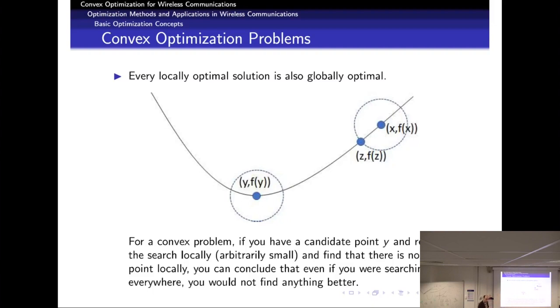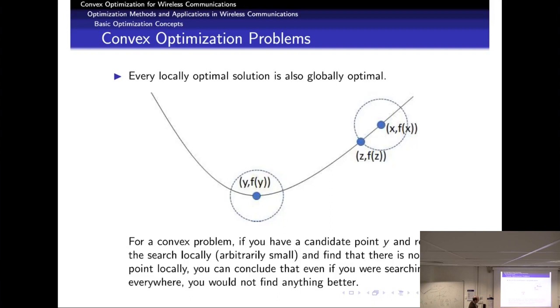So you don't even have to search over the entire space. If you can show that around that point this is indeed a local optimum, then you can conclude that I don't need to search over all the domain. I know that this local optimum will be the global optimum. So this is a very powerful result.